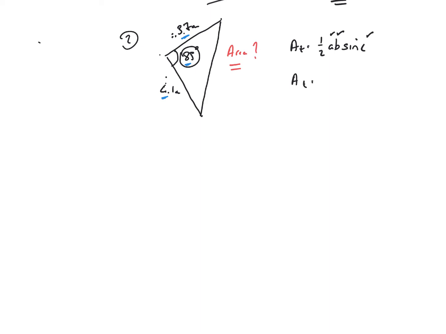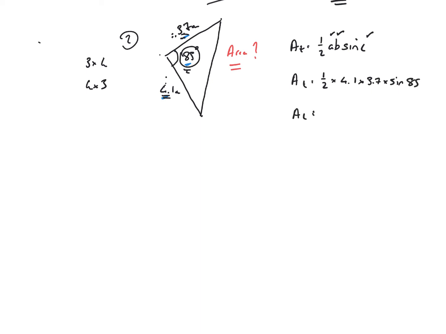So half AB sine C, so a half times 4.1 times 3.7. It doesn't matter what order I put it in, so I'm going to just go straight in with a half times 4.1 times 3.7 times sine of the angle, which is 85 degrees.